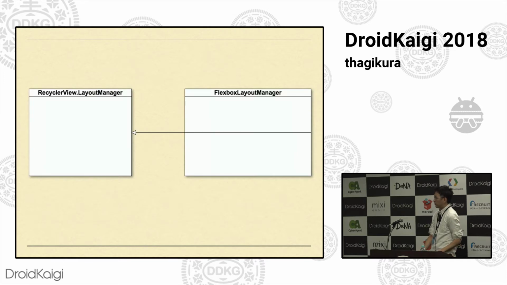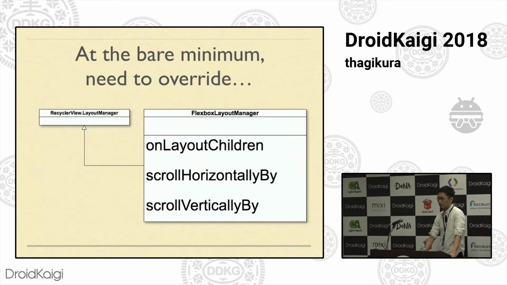If you decide you really need a custom layout manager, first you need to extend the base layout manager, like extending a view when you create a custom view. Then at the bare minimum, you need to override these three methods: onLayoutChildren, scrollHorizontallyBy and scrollVerticallyBy. Let me explain each method one by one.